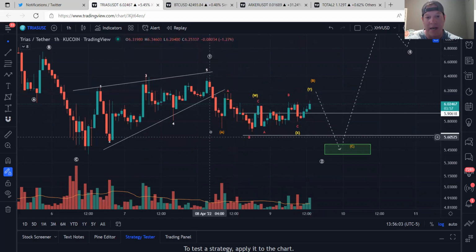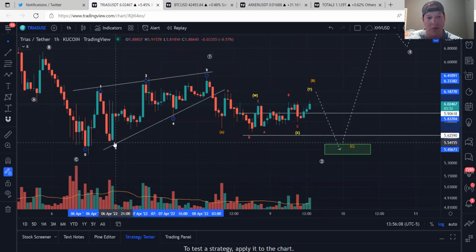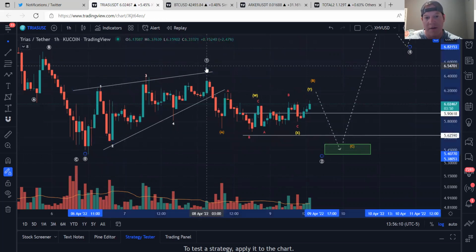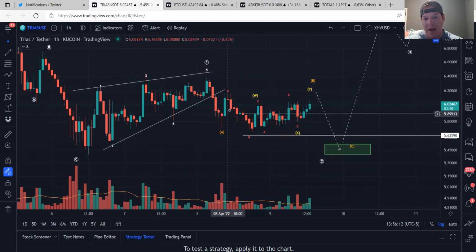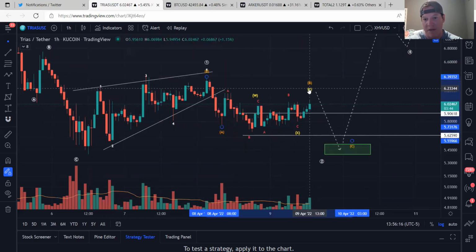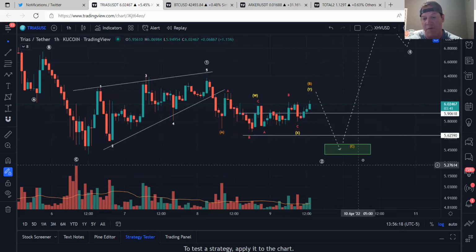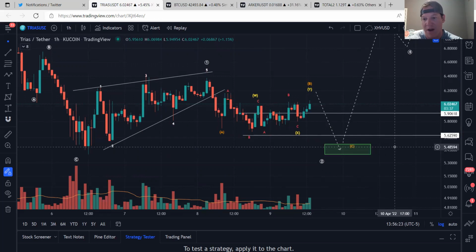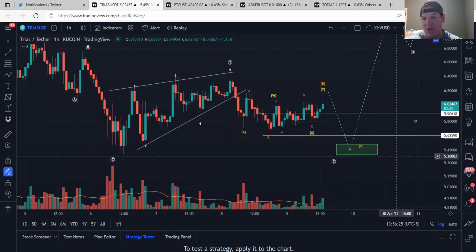It would be you got your leading diagonal 1, 2, 3, 4, 5, and then you have an A, and then this is a WXYB potentially, and then you would have one more final C wave down, which could take us to 535 to 550-ish.